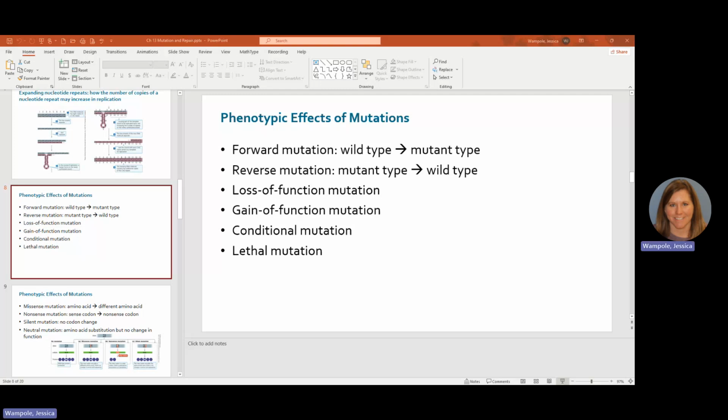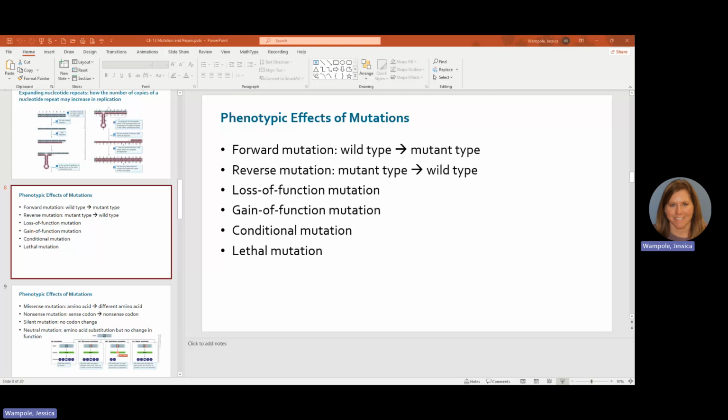All right, so just a quick example. Sometimes the inability to repair DNA causes genetic diseases. The example here is called xeroderma pigmentosa. Normally, if you have UV damage to any of your skin cells, the cell will recognize it and can repair that damage.